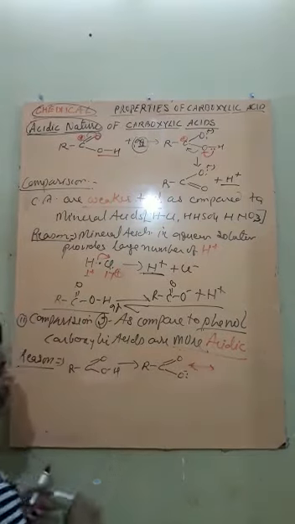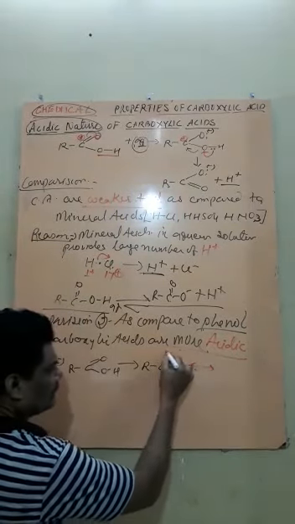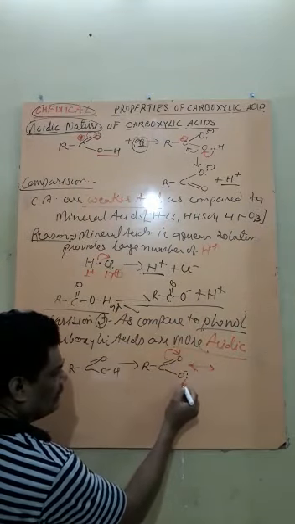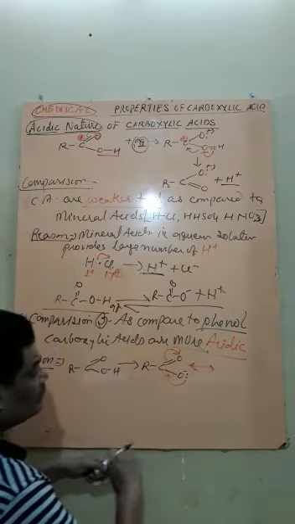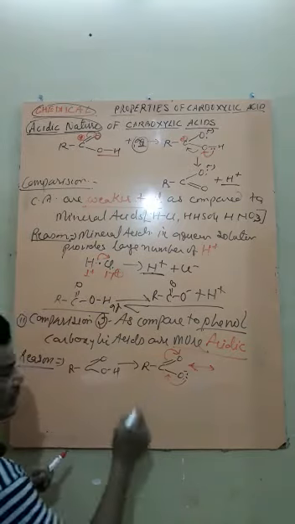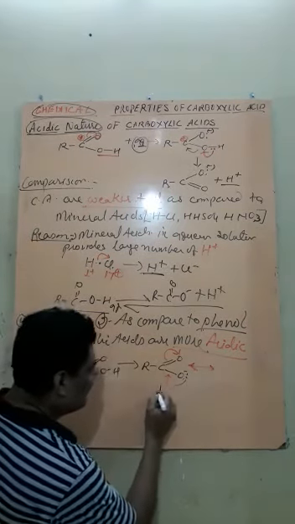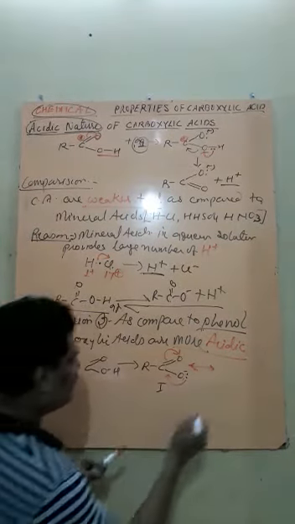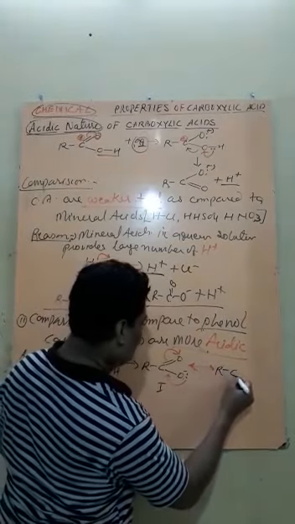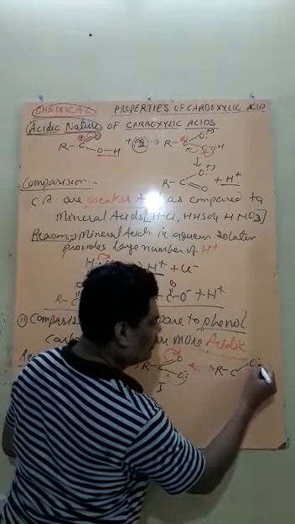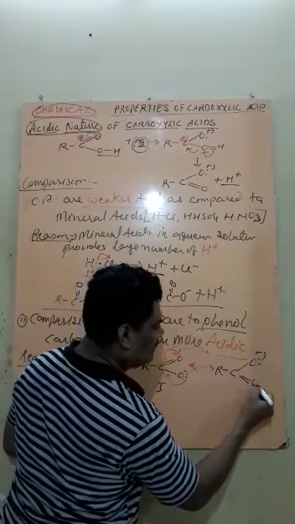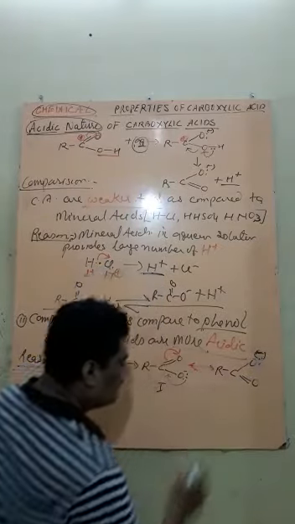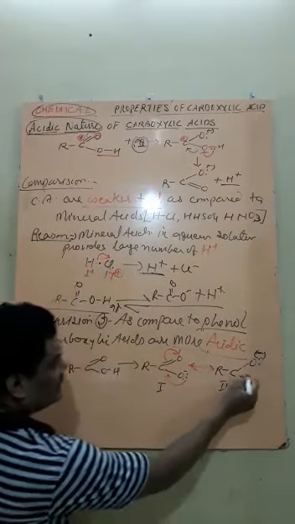So the resonating molecule is possible by shifting of lone pair and pi electron pair. After shifting, it will give resonance structure number 1 and resonating structure number 2, this one, double bond O. Getting?